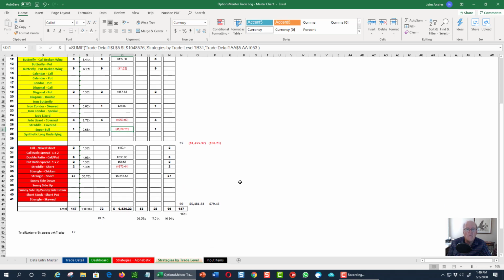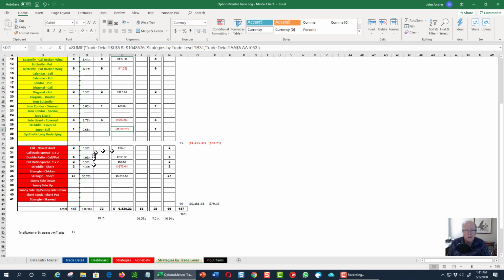I want to look at those numbers and analyze them when I've got enough occurrences, and more importantly after the end of the year. Like this year, I love the Jade Lizard strategy and the Super Bull in the right kind of market, but obviously we have to take them in context with what the market's like.